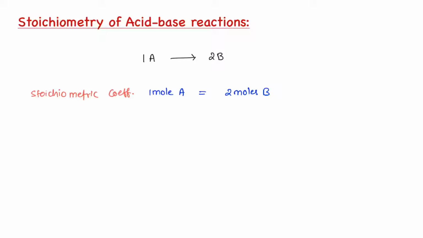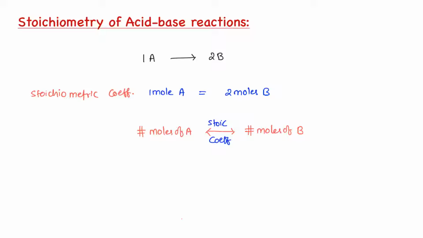That is, if we know the number of moles of A that we are starting with, we can determine the number of moles of B that can be formed using the stoichiometric coefficients as a conversion factor. Similarly, we can predict how many moles of A is required to produce a given amount of B using the same stoichiometric coefficients as conversion factor.